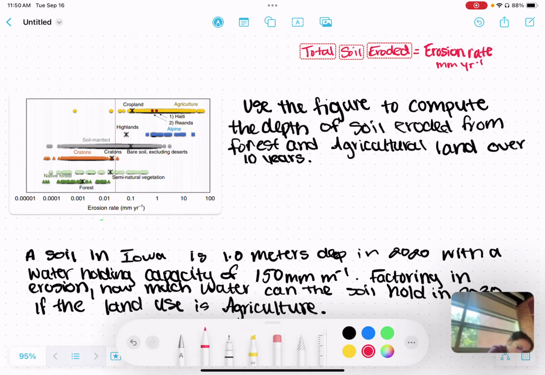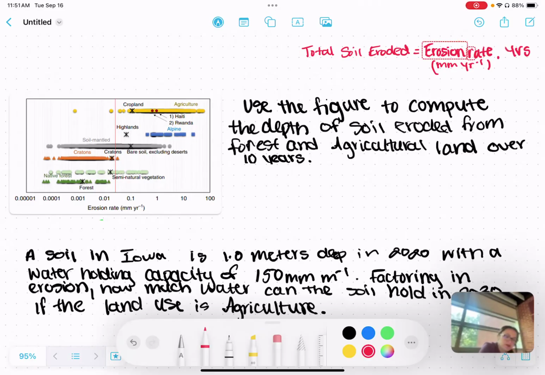Again, the -1 in the exponent just means that it's really in the denominator. We want to get rid of the year because we want to know the total amount of soil eroded, which is really just a unit of length. So we're going to multiply by the total years that we want to know how much soil has eroded. So we're going to multiply by years.